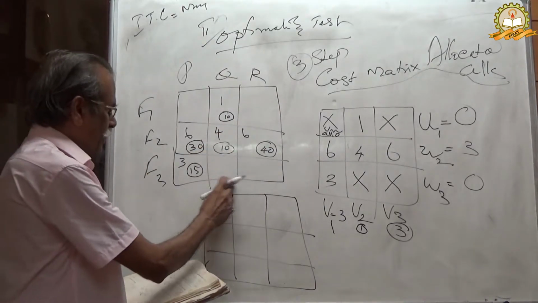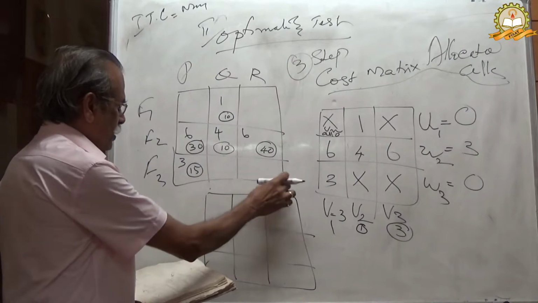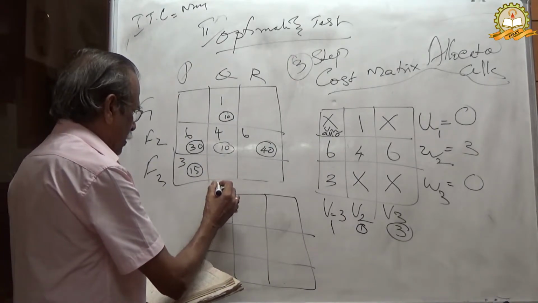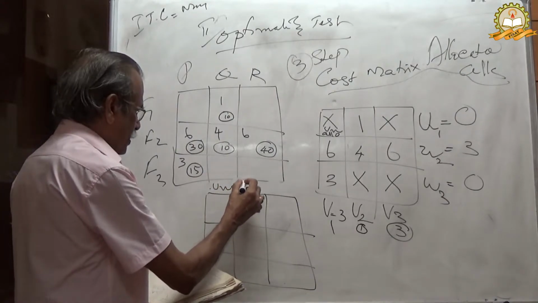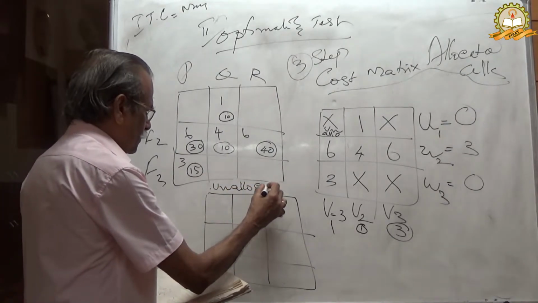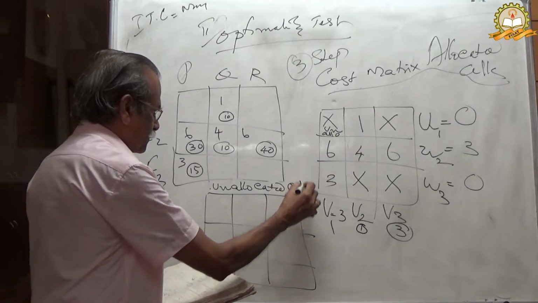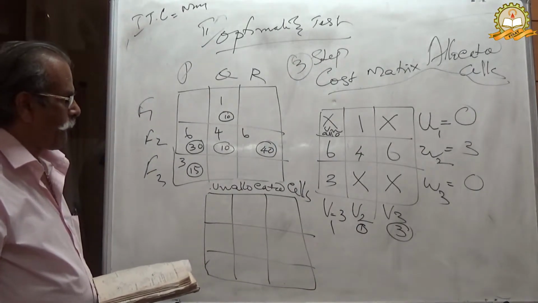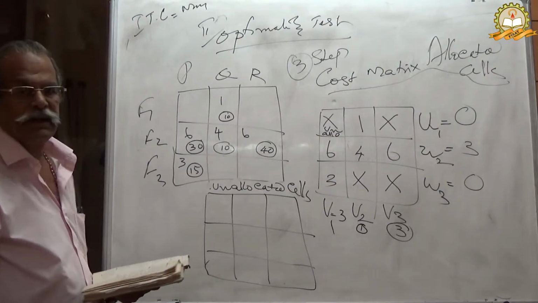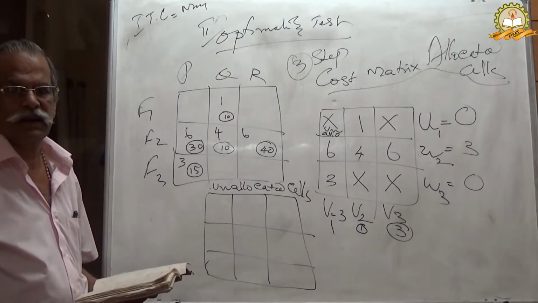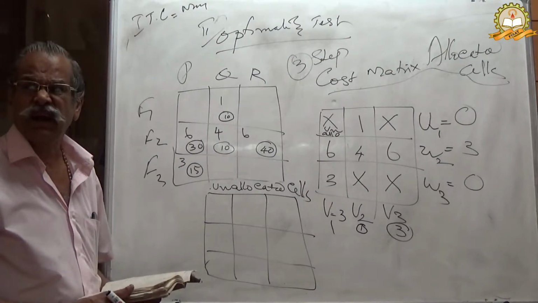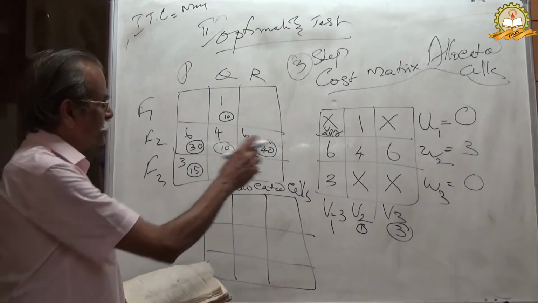Therefore you can write as a prefix unallocated cells. Then to find the cell value of unallocated cells, that is this set, these two are required.